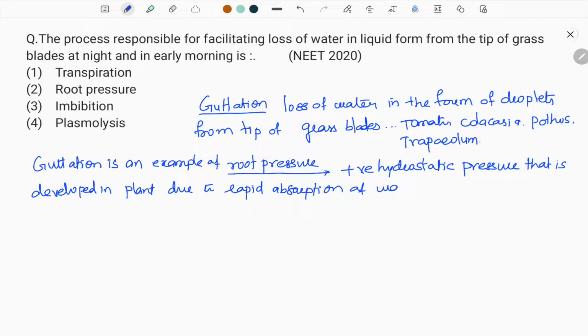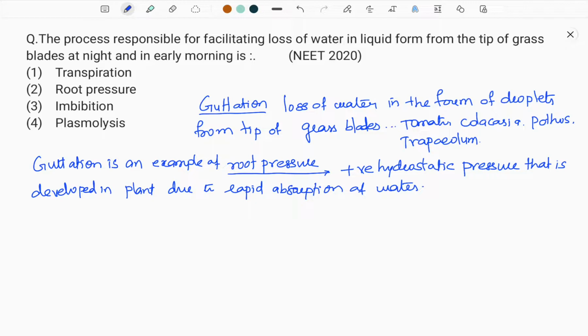See, for example, a plant will have more salt concentration than that of the soil. That is, water potential inside the plant is very much lower than that of the soil. The soil water will have higher water potential. We know that water always moves from higher to lower, that is, from the soil into the plant it moves.